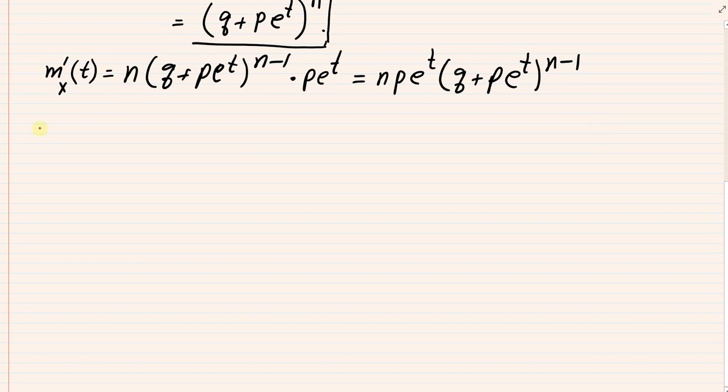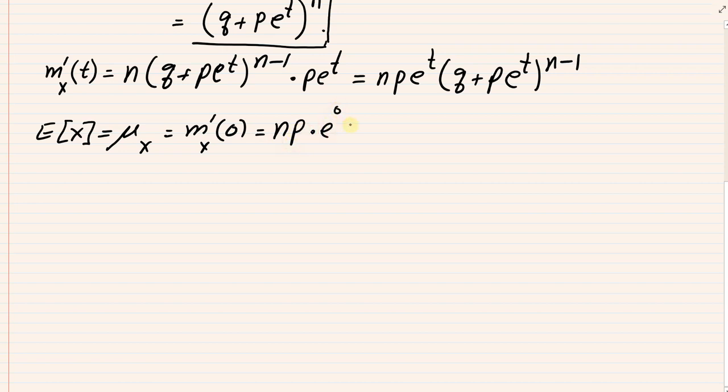Now, the expected value of x, which is the mean of the random variable x, is going to be M prime evaluated at 0. So I'm just going to put in 0 for t, and that's going to give me np times e to 0 times q plus p e to 0, to the n minus 1. Now, e to 0 is 1, of course. Inside parentheses, I'm going to get q plus p.